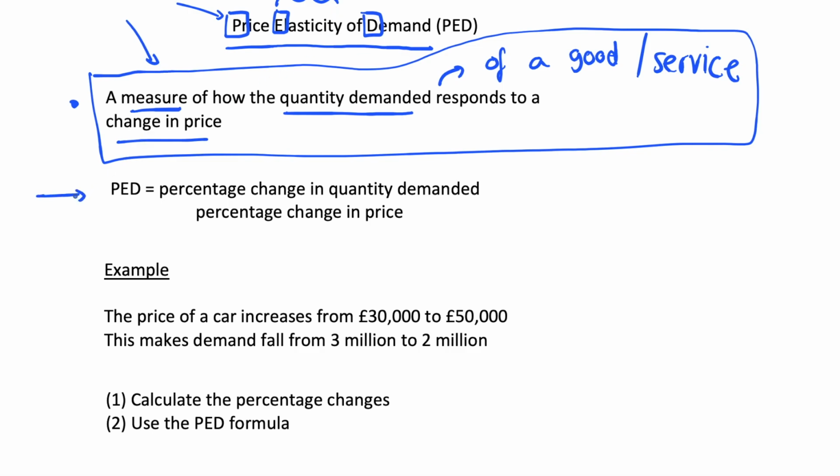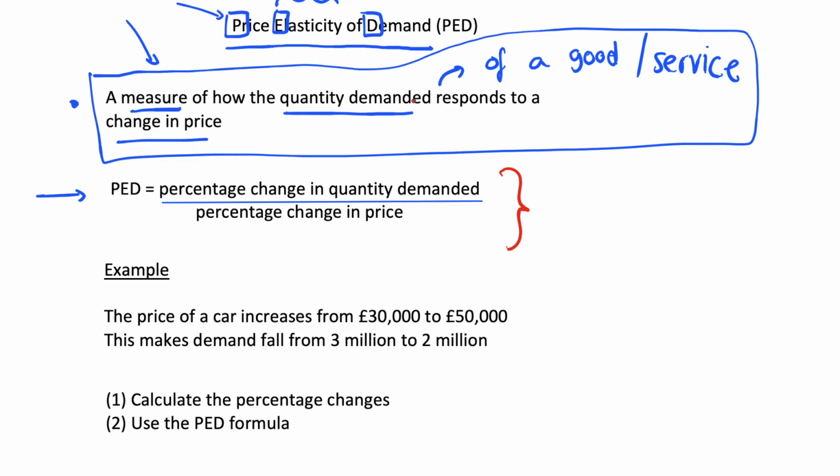The next thing to note would then be the equation, and this should have a division here like this. I'm not sure why that didn't show, but our PED equation is the percentage change in quantity demanded divided by the percentage change in price.